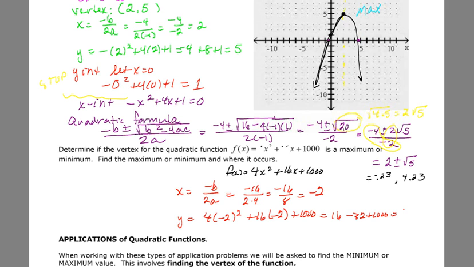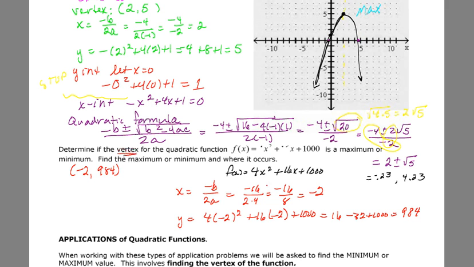So negative 16 plus 1,000 will be 984. So the vertex, which is what we want to find, is negative 2, 984. Let's determine if it's a max or a min.